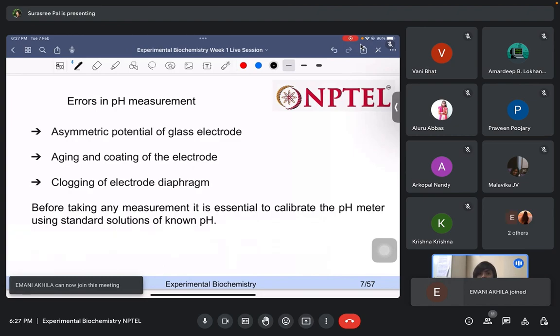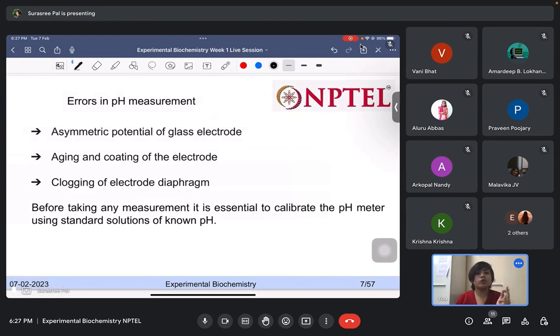Now there can be one other problem also in a pH measurement experiment, that is, if your pH meter is not calibrated properly. So what is this calibration? It's like you have to make a standard, or you have to adjust the pH meter so that it can recognize standard solutions of known pH.